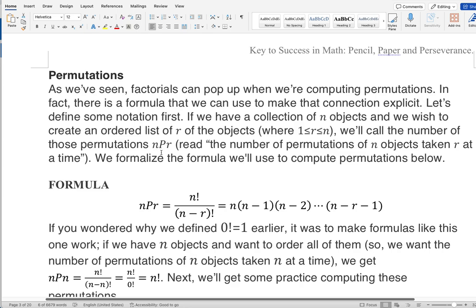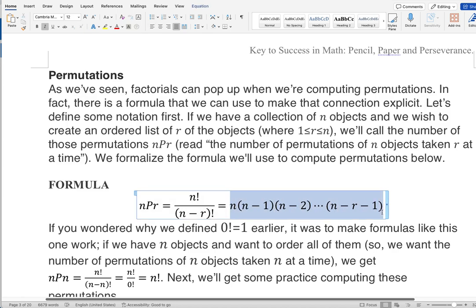The total number of different outcomes is denoted using the notation nPr. It reads the number of permutations of n objects taken r at a time.